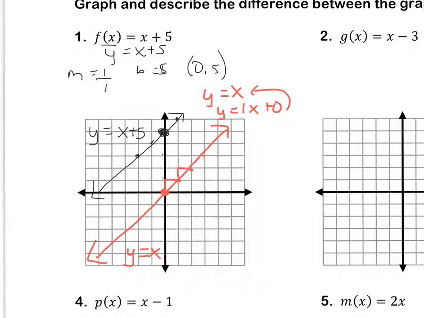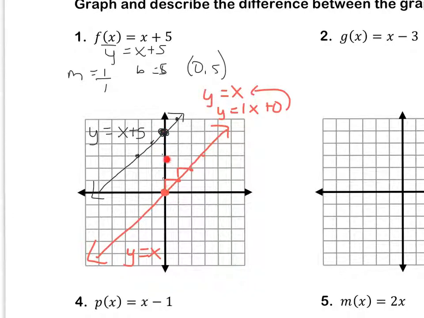So now we have to describe the difference between the parent function and this function. You can see there are parallel lines. They have the same slope. This is a slope of 1, that's a slope of 1. So the only difference is that this line right here is shifted up 1, 2, 3, 4, 5.